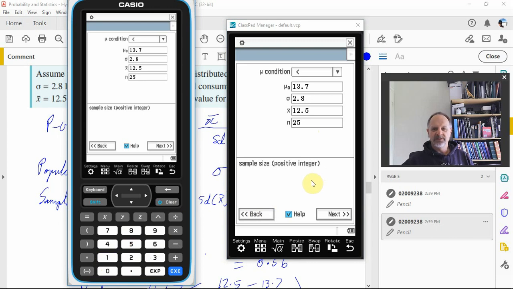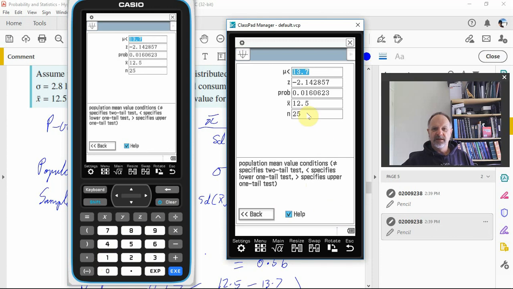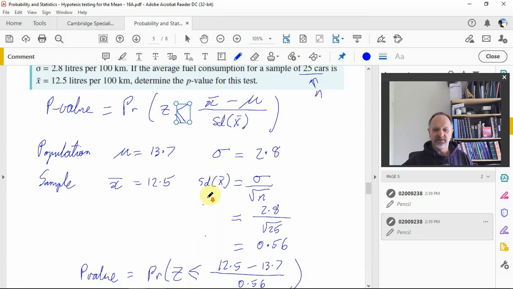All right, so then we go next, and here we come. So there's our Z value, negative 2.14, so that's what we did before. And here it says the probability is 0.0161 to 4 decimal places.